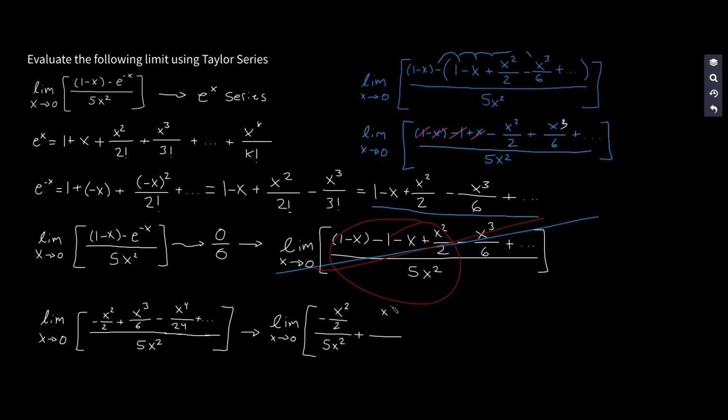We grab that second term in the numerator, x raised to the third over 6, and divide that entire thing by 5 times x raised to the second, and then minus, same idea, x raised to the fourth over 24 divided by 5 times x raised to the power of 2.